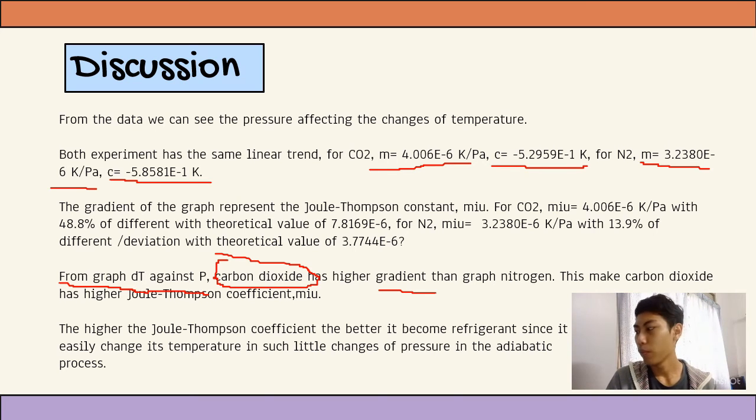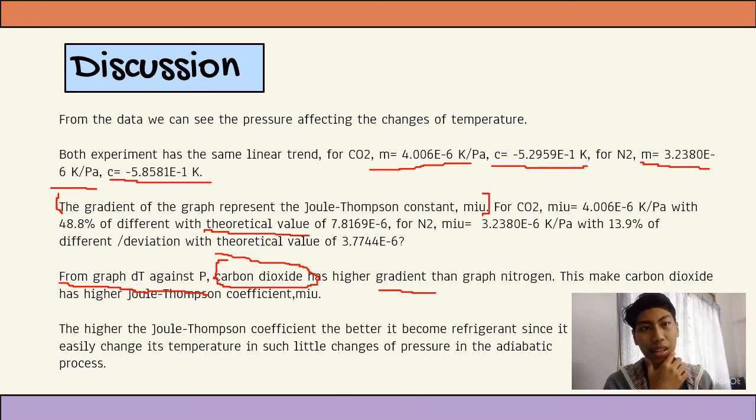Now, by comparing the theoretical data from the van der Waals formula and the Joule-Thomson equation, we combine them to make a calculation. We find some differences between the theoretical value and the data we got. The gradient of the graph is the Joule-Thomson coefficient, so we can compare it with the theoretical value.